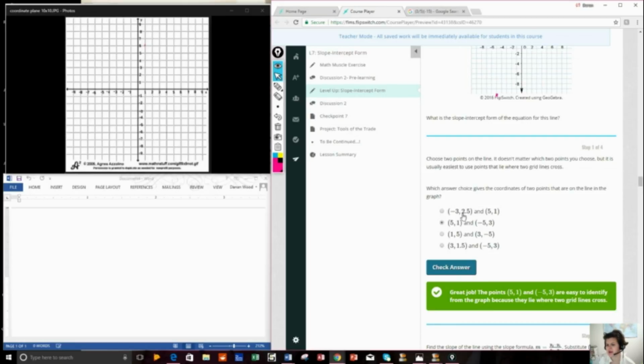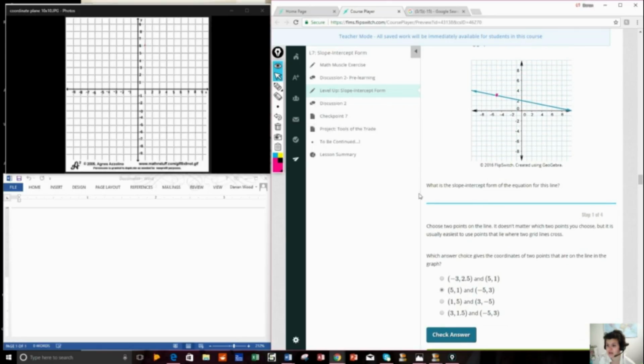And the reason why the 2.5 one didn't work, that's a great learning opportunity to look back over this, is because I looked at this and I said, okay, -3 up 2.5. And I looked at this point right here and I said, yeah, that looks about at the value 2.5 on this line. And with coordinates, we have to be exact.